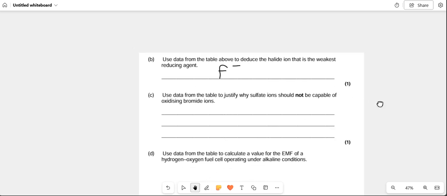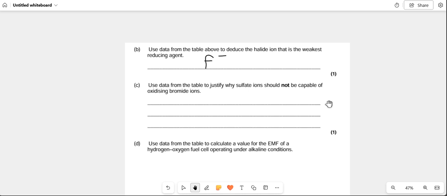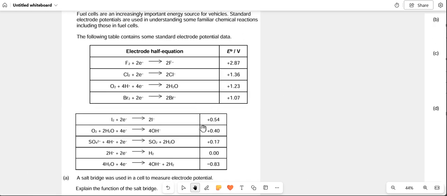Use data from the table to justify why sulfate solution is not capable of oxidizing bromide. Similar thing with electrode potentials. Sulfate is down here, 0.17, and bromine is 1.07. So the electrode potential of the sulfate ion is less than the electrode potential of bromine.